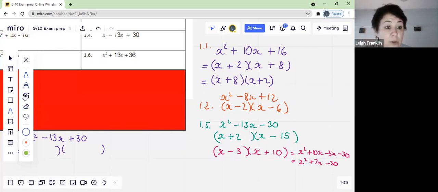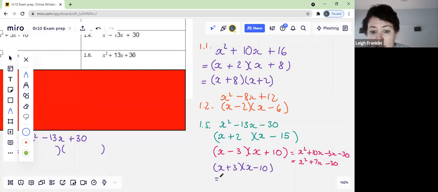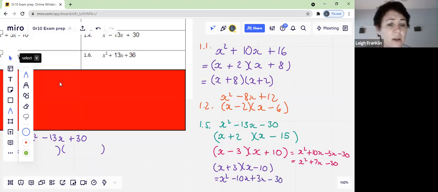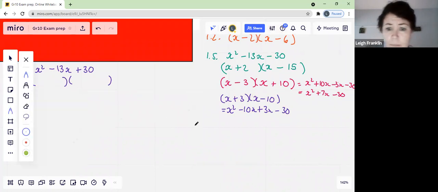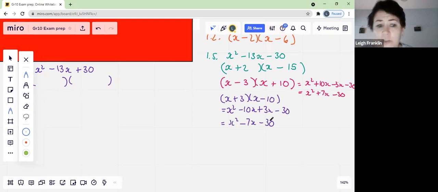The other thing that you could check, to be honest with you, is you could swap the signs around and it still wouldn't work. So look at this. Imagine if we had x plus 3 and then we had x minus 10. If we work backwards and simplify, it would still be wrong, unfortunately, because we'd end up with x squared minus 10x plus 3x minus 30, which means a final answer of x squared minus 7x minus 30.